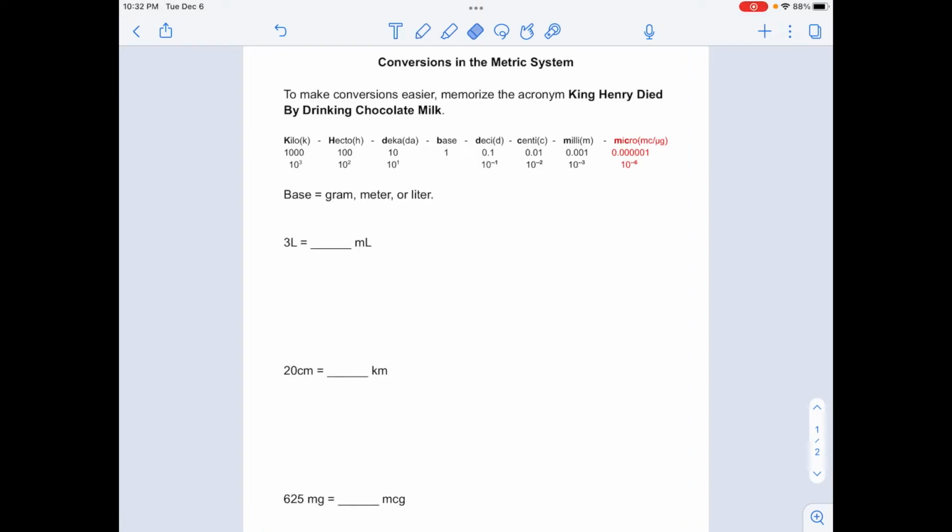So going back to our base units, we have gram, meter, and liter. Gram is a weight-based unit. In pharmacy, we would only use that to measure solids. Meter is not used too often. That measures distance. Liter is a volume-based unit, so we would only use it to measure liquids.